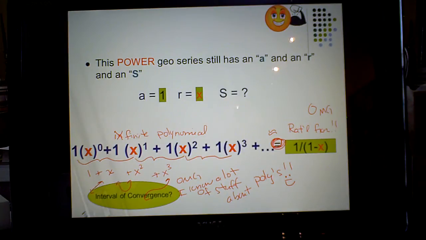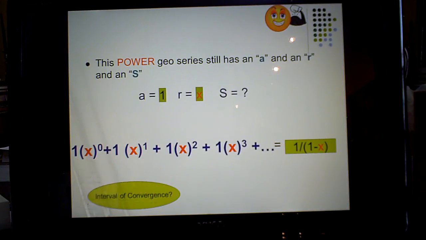Now, I do need to talk about the interval of convergence. That's just a fancy way of saying what we know about geometric series. This is just asking what numbers can you plug in for x and have convergence. Well, isn't it true that if my ratio had been a half, and the absolute value of 1/2 was between -1 and 1, I would have convergence.